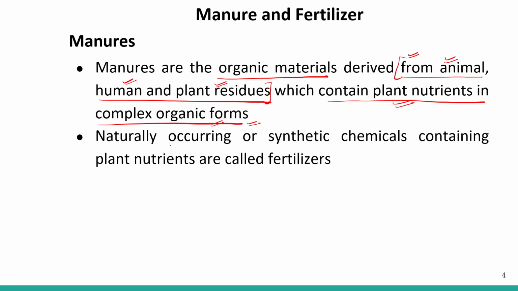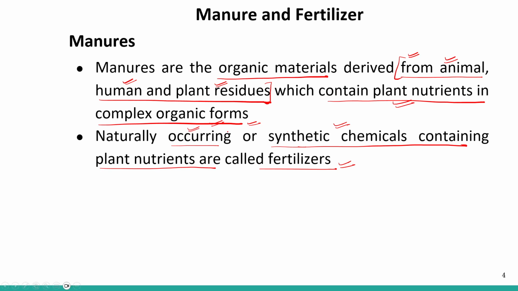Naturally occurring or synthetic chemicals containing plant nutrients are called fertilizers. We have already completed two sessions that are totally based on chemical fertilizers, but in this session we are going to discuss more about manure. So there are synthetic chemicals and there is also naturally occurring manure.